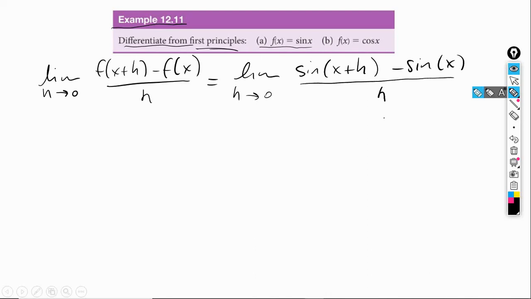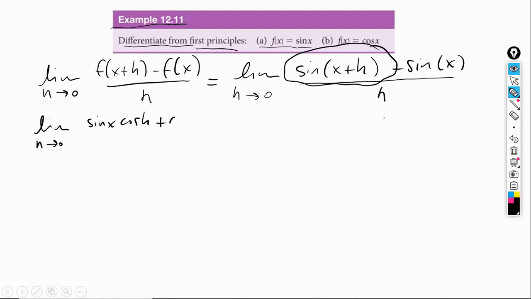So now the question is how to expand this. Looking at sine of x plus h, we can apply the angle sum identity. So let's rewrite this as limit as h approaches 0 of sine of x cosine of h plus cosine of x sine of h, and then let's not forget minus sine of x, and all of this over h.